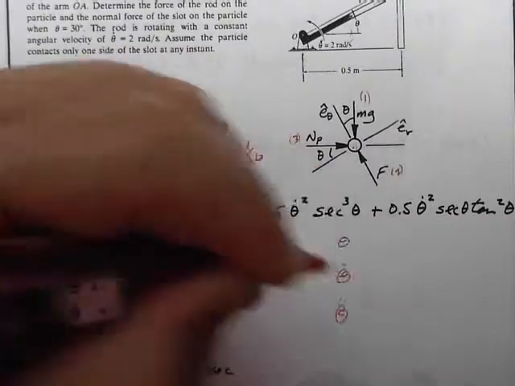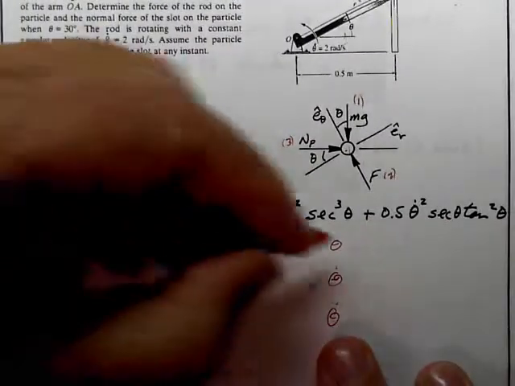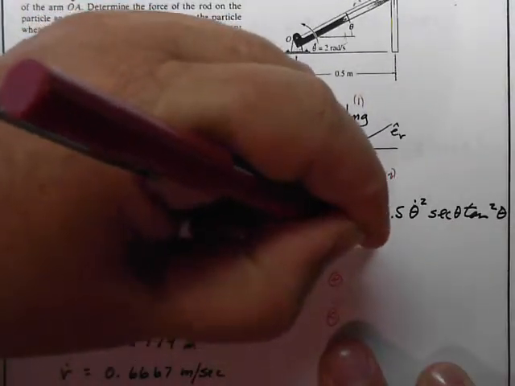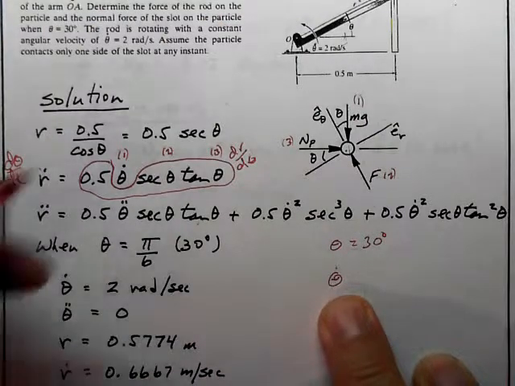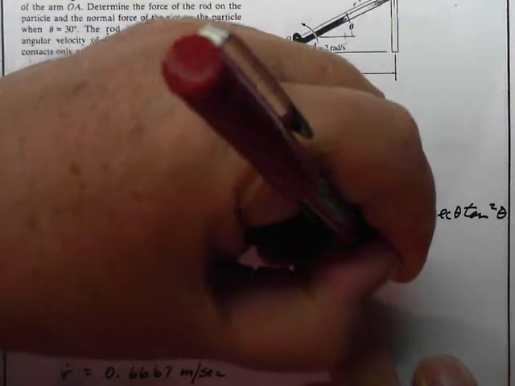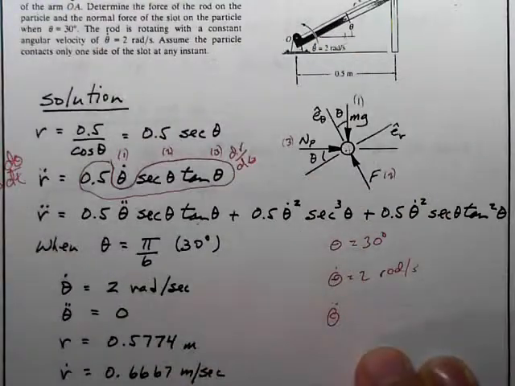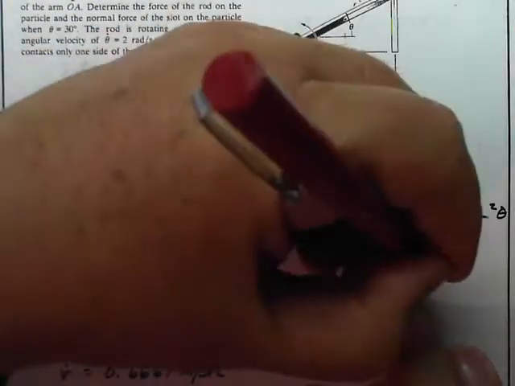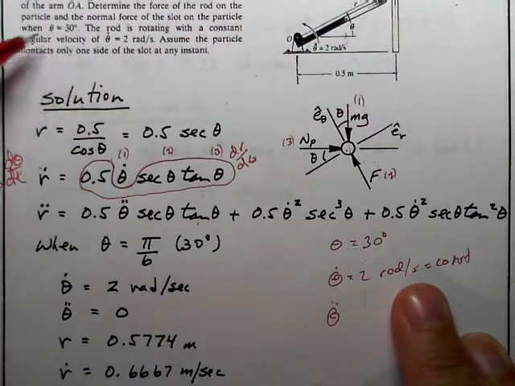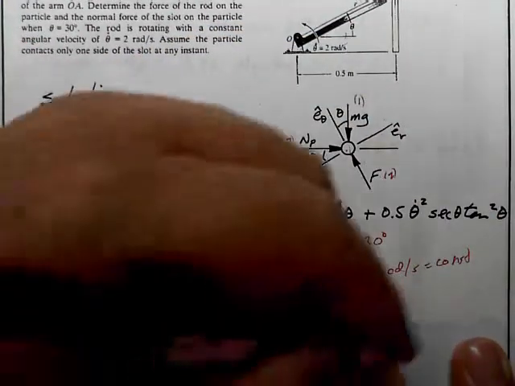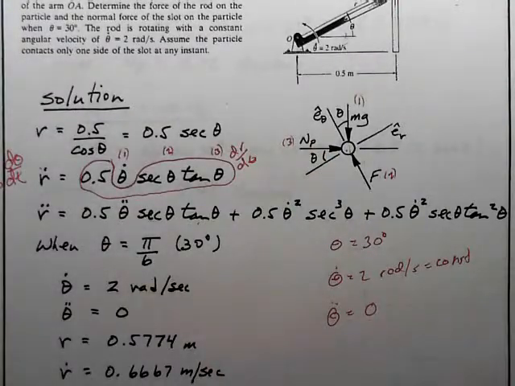Finally, knowing r dot and r double dot, and they gave us information about theta, theta dot, and theta double dot. What did they give us? They said theta is 30 degrees, although we need to convert that into radians. Theta dot is 2 radians per second, constant. Therefore, theta double dot is 0.